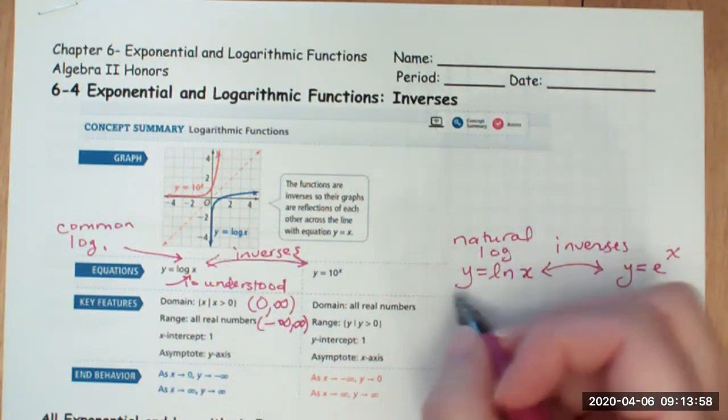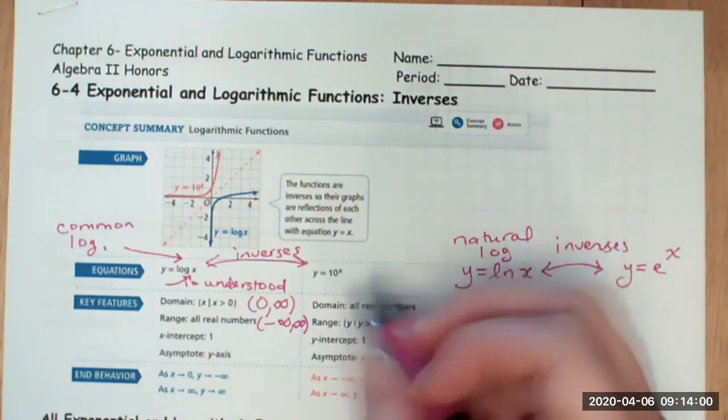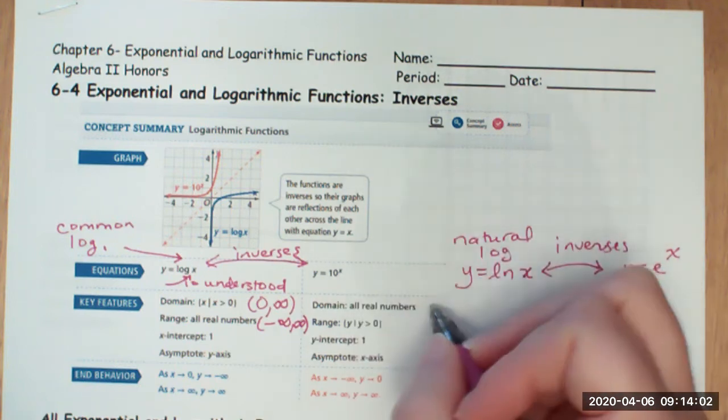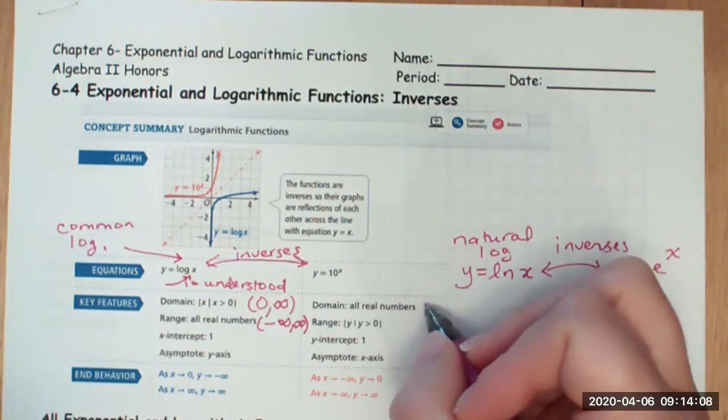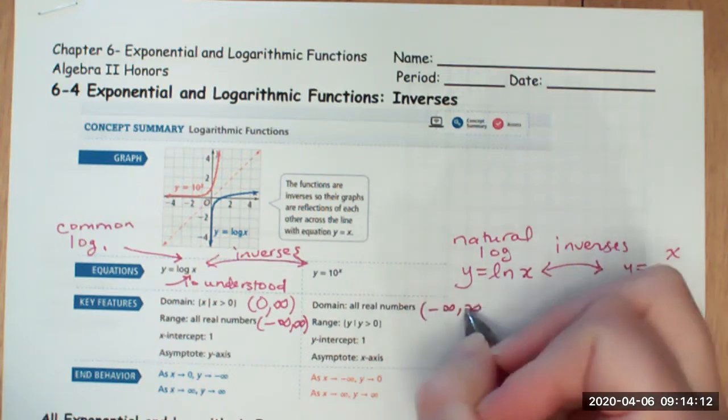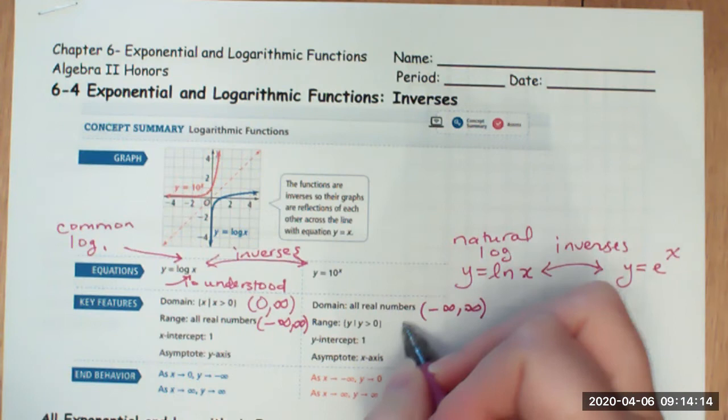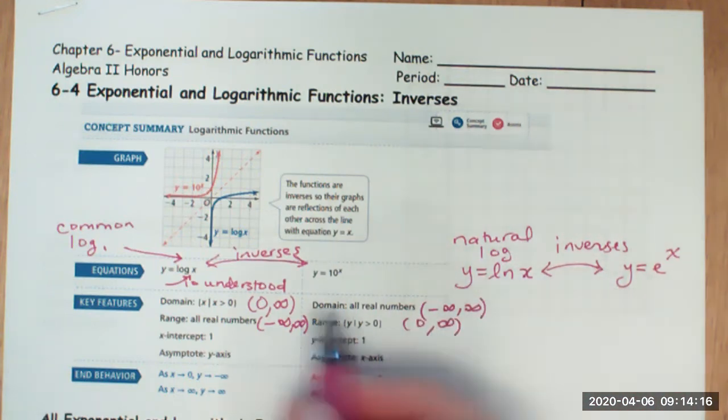So as you'll notice here, as we knew from earlier, before the break in school, the domain of exponential functions was all real numbers, and the range was 0 to infinity, and as you can see, that switches here.